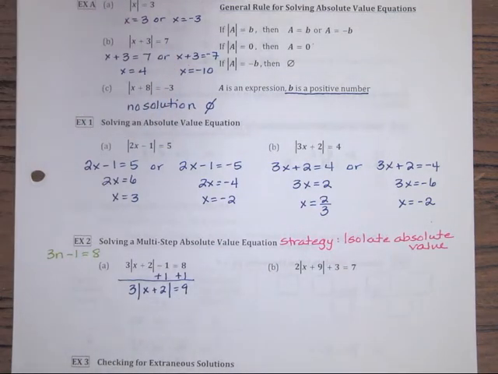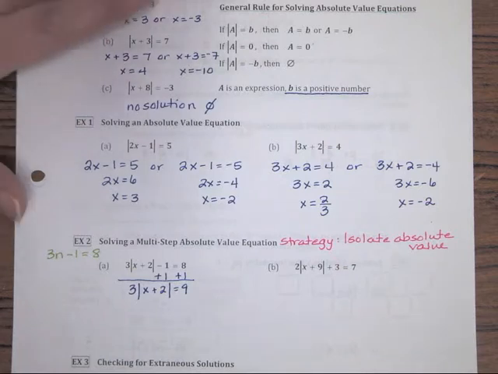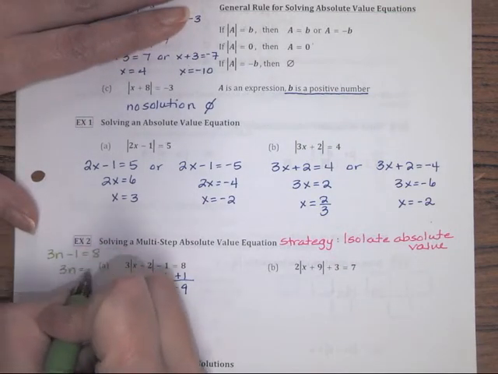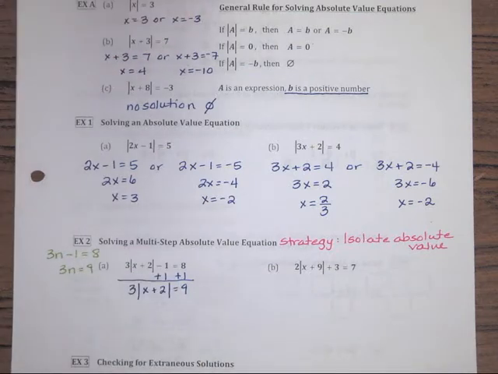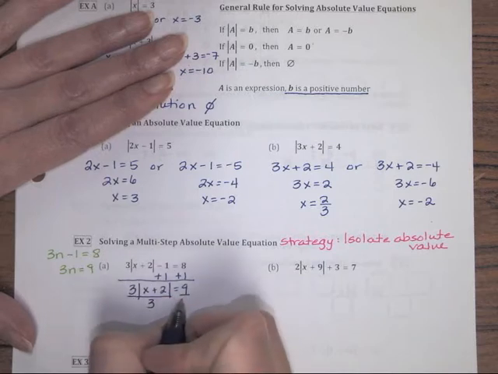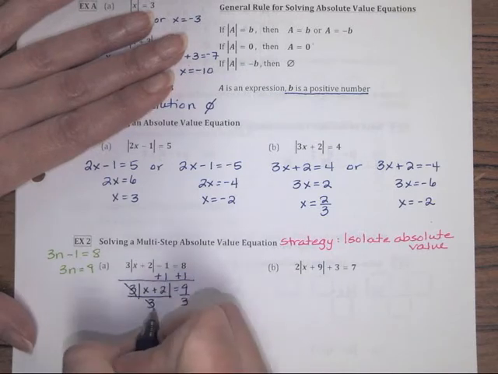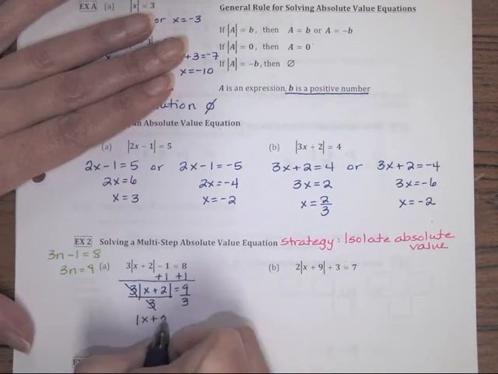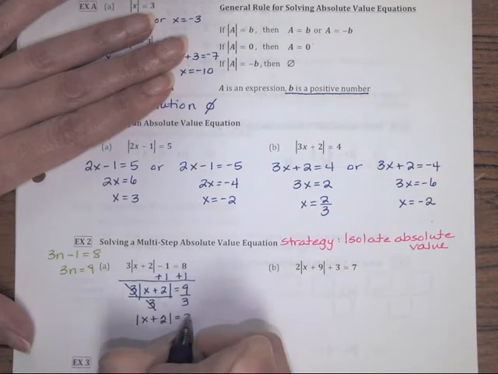Over here, you would have 3n equals 9, right? And what would you do to get the n by itself? You would divide by 3. Well, you're going to do that same thing right here. You're going to divide by 3, and these are going to cancel out, and you're going to have absolute value of x plus 2 equals 3.